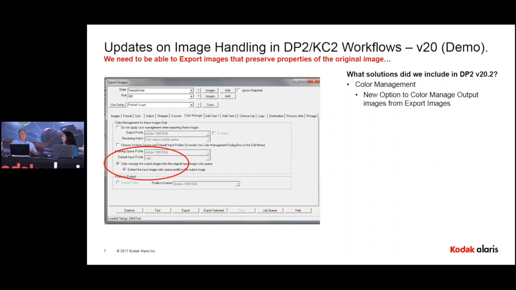If for some reason there's still an image that has an error condition that we cannot handle, DP2 is going to fail gracefully and will simply be able to move on. It won't hang.